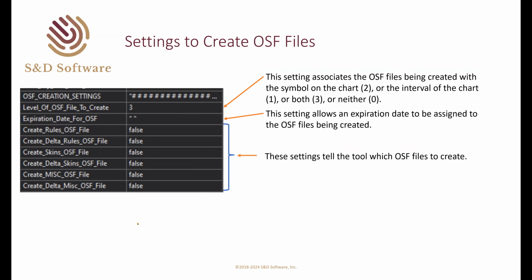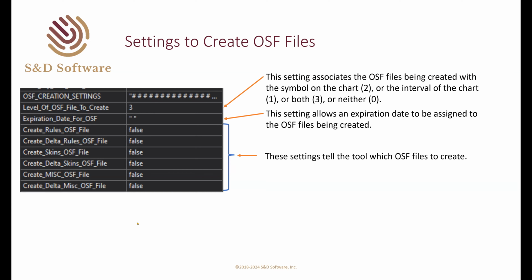Again, not a lot of settings here. The first setting governs your association between the OSF file and a market and an interval. So right now you can see the default is level 3, which is going to associate the OSF file being created with the market and the interval of the chart that this is being taken from.